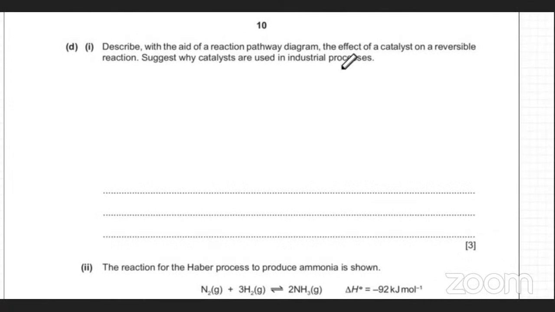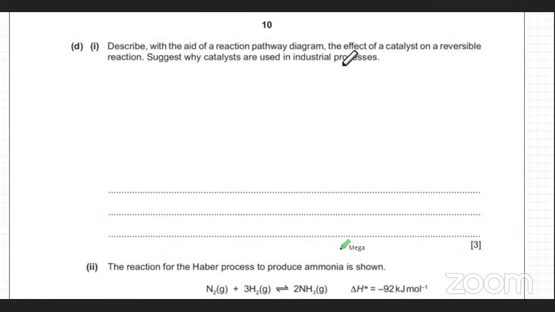Describe with the aid of a pathway diagram the effect of a catalyst on a reversible reaction. Suggest why catalysts are used in industrial processes. That's a simple O-levels question. He's just asking for the energy profile diagram, the energy pathway diagram.